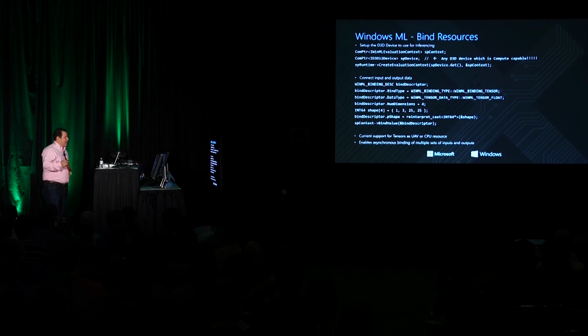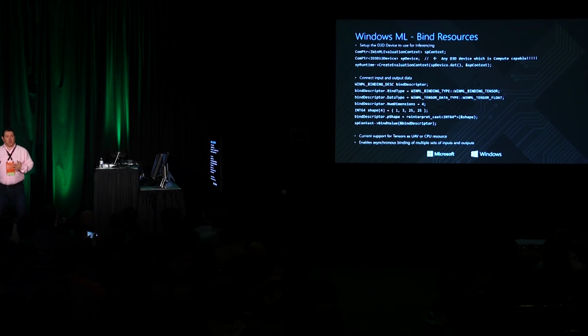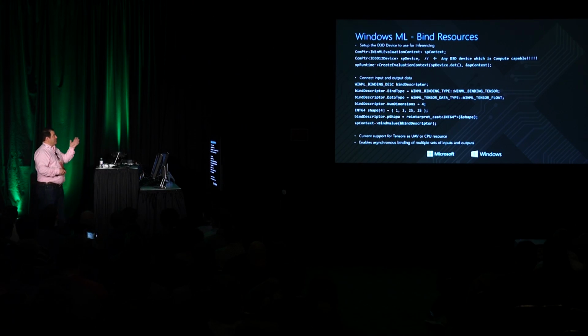In the most basic case, you start off by selecting which D3D device you want to run on. If your system has multiple GPUs, you can choose which GPU you'd like to run inferencing on. It also turns out that if you pass in null, you'll get the CPU. You'll get a null device, and just so you know, it's not WARP. We don't use WARP to do anything.